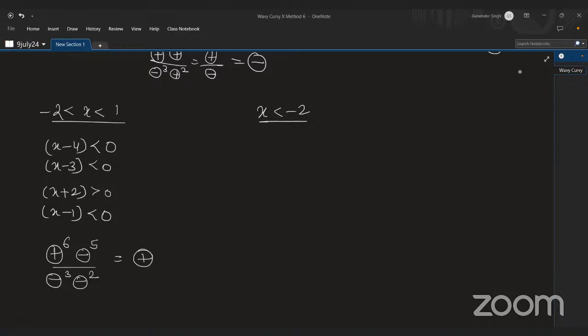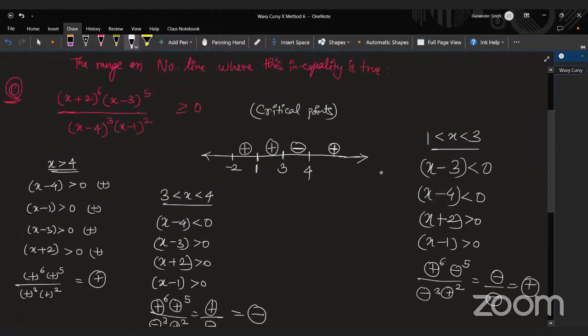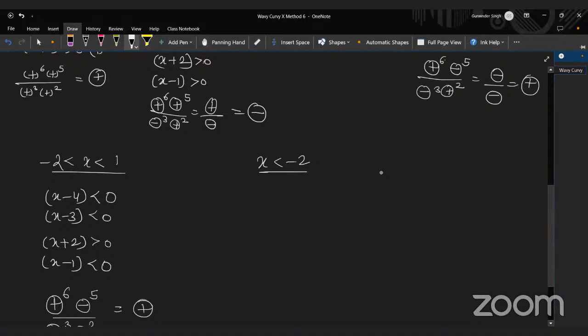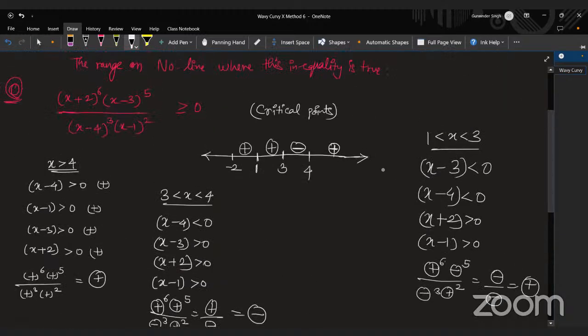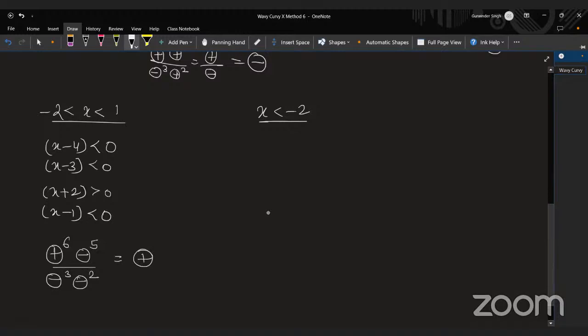The last problem, sir, for minus 2 and 1. In which range is x? Minus 2 is less than x, and x is less than 1. So what is the issue in this? Down both are negative, won't it become positive?